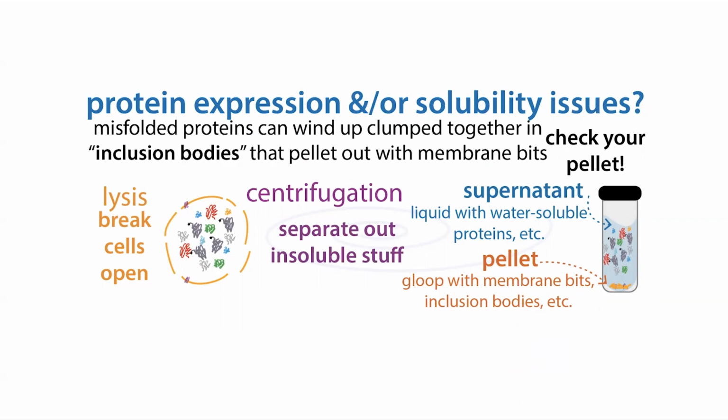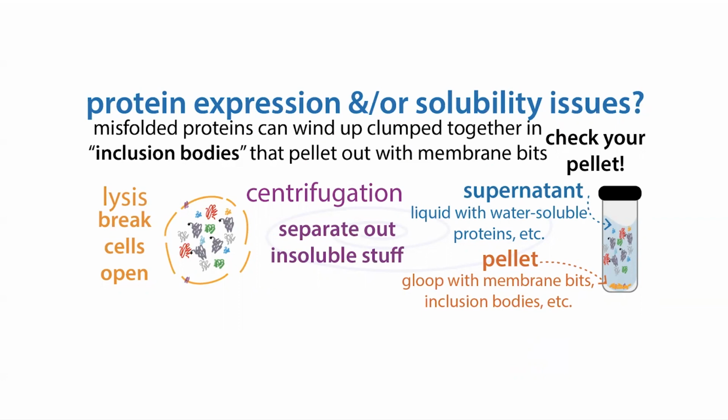And so what's going to happen is that when you break open cells, the things that are associated with the membrane are going to stay stuck in the membrane, and the things that are not associated with the membrane are water-soluble and are going to stay in the liquidy part.